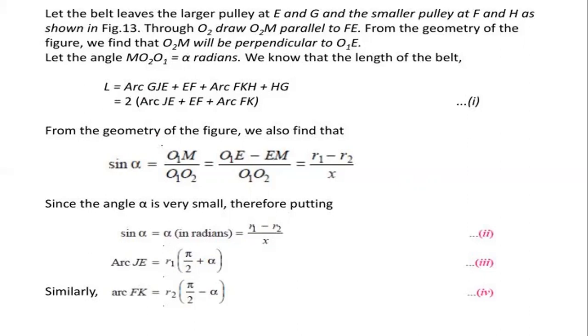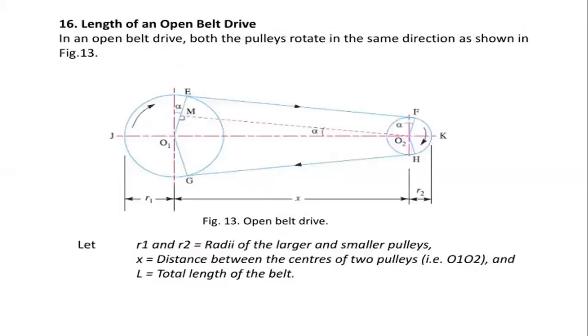Next, from the geometry of the figure, taking sine alpha as the equation, sine alpha is equal to O1M by O1O2. O1M can be written as O1E minus EM by O1O2. O1E is the radius of the driving pulley, and O2F is the radius of the driven pulley.